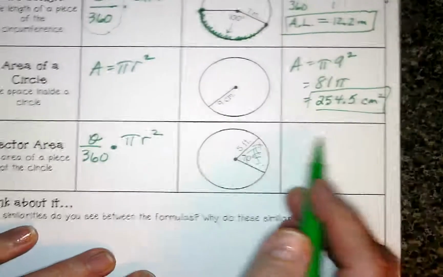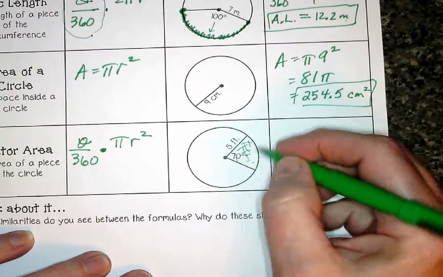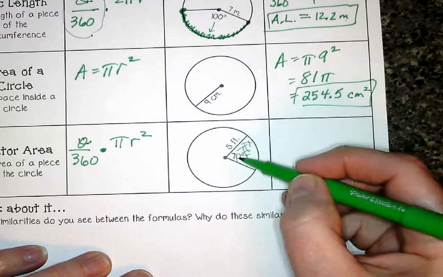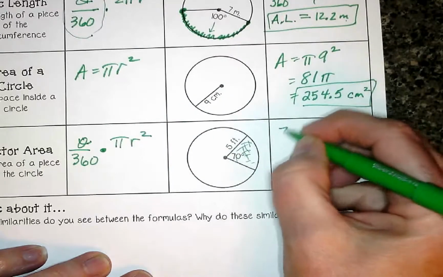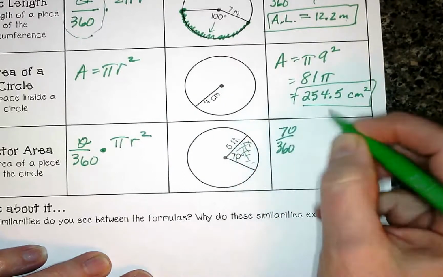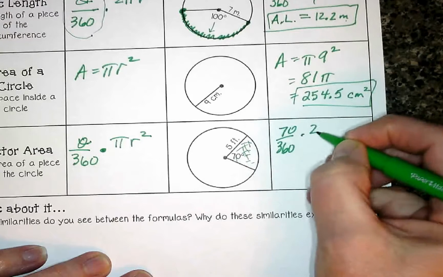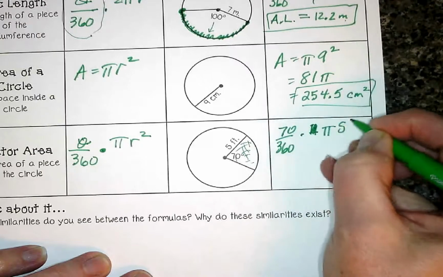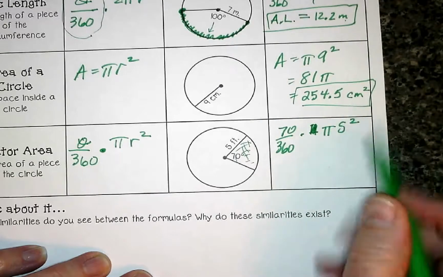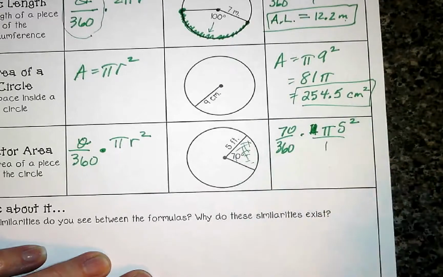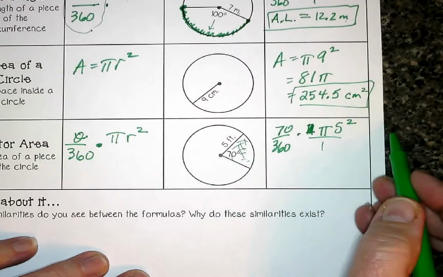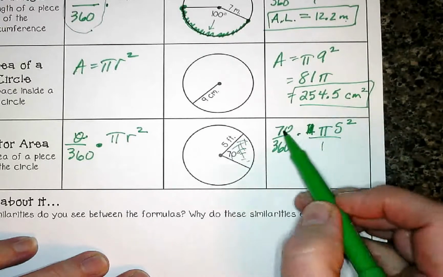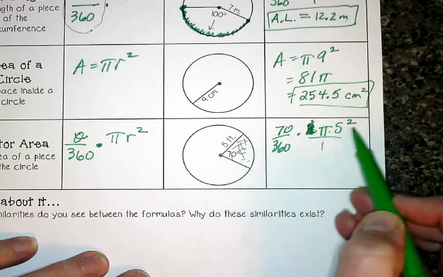Okay, called a sector. So let's see how that works for this one. Remember, this theta is the angle of the piece we're talking about. So this is 70 out of 360. That's the fraction of the area, times pi times 5 squared. Again, you can multiply this out however you want. I would suggest multiplying across the top first and then taking that result and dividing by 360. Since these are all multiplications, it doesn't matter what order I do them.